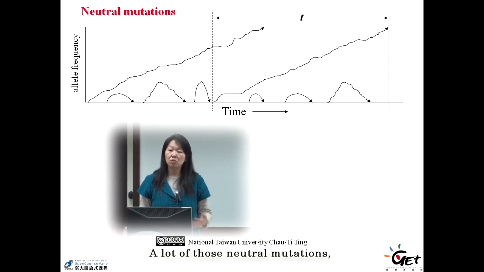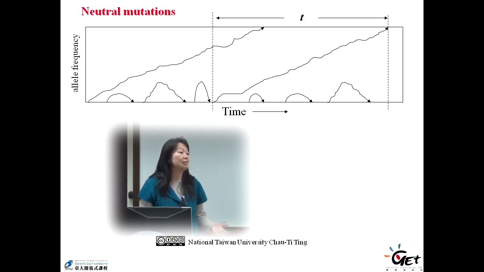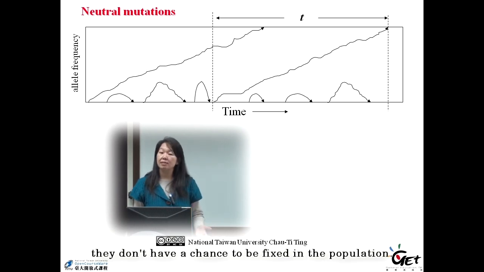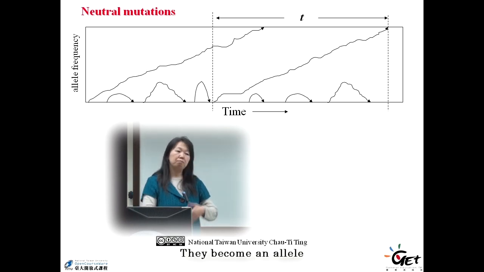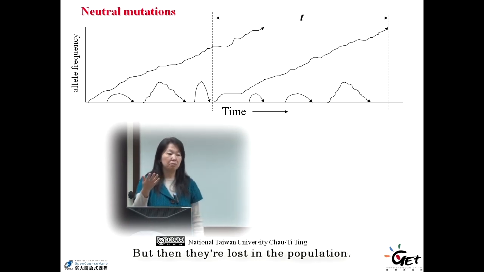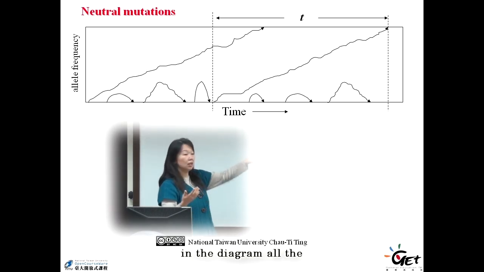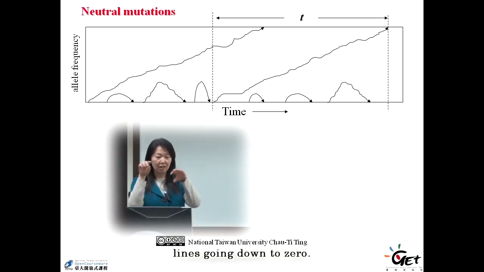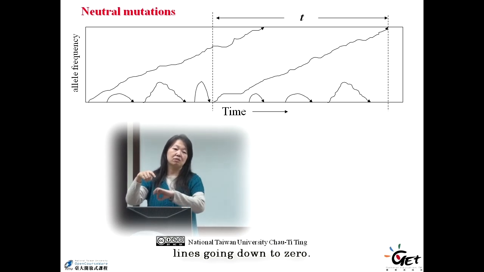It means a lot of those neutral mutations don't have a chance to be fixed in the population. They become alleles at a lower frequency, and sometimes they even rise to intermediate frequency but then are lost from the population. That is shown in the diagram by all the lines going down to 0.